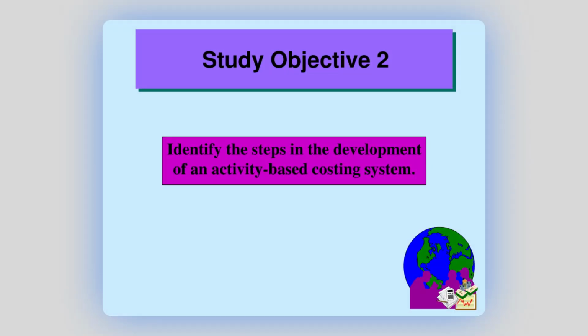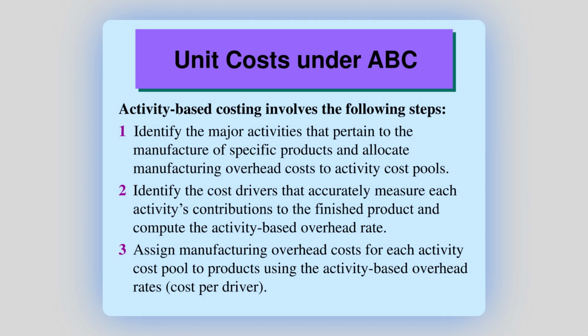Next one is about identifying the steps in the development of activity-based costing. Activity-based costing involves the following steps. Number 1, identify the major activities that pertain to the manufacture of the specific products and allocate manufacturing overhead costs to your activity cost pool.